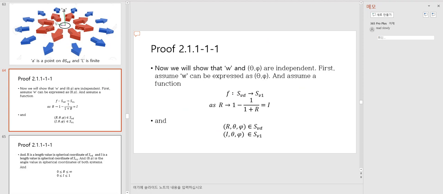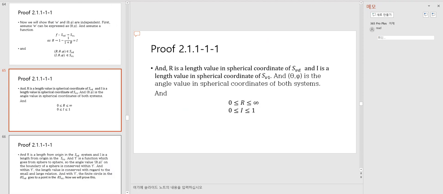Now we will show that omega and theta phi are independent. First, assume omega can be expressed with theta phi, and assume a function like this. R is the length value in spherical coordinates of SVD, and I is the length value in spherical coordinates of SV1, and theta phi is the angle value in the spherical coordinates of both systems.